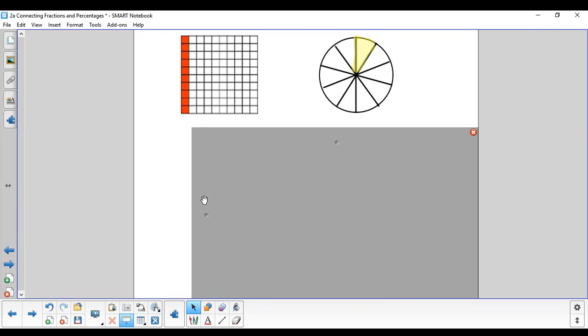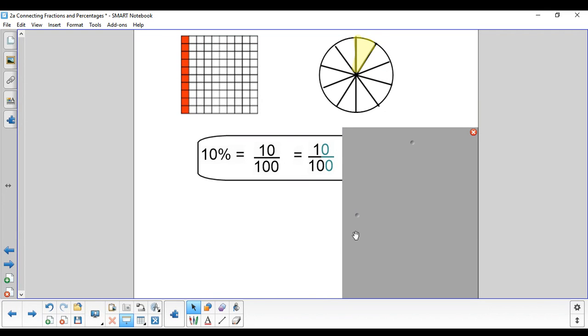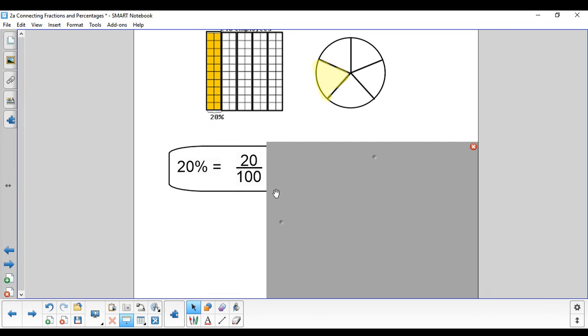So we have 10% is 10 out of 100. And then if you reduce that down, you get the zeros cancelling and you get 1/10. So you can see that 10% looks like this visually and reduces to a tenth. We are now not going to have any pictures, but we're going to use this fact. 20% is the same as 20 over 100.